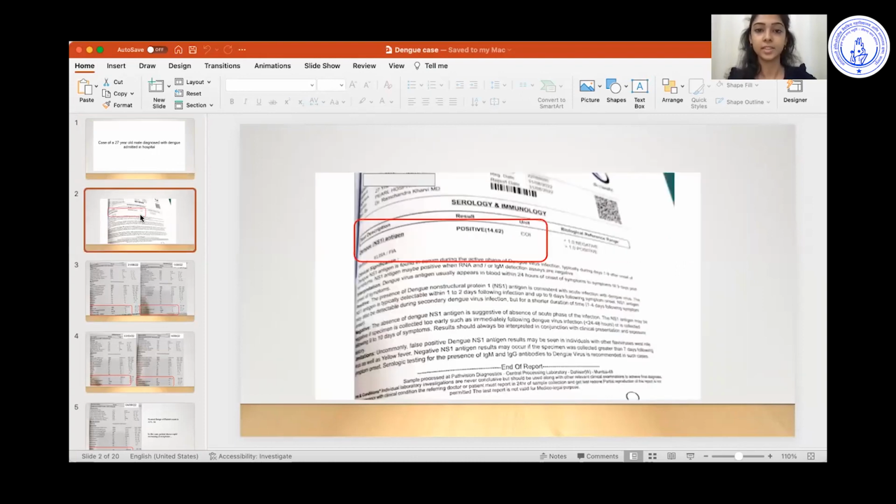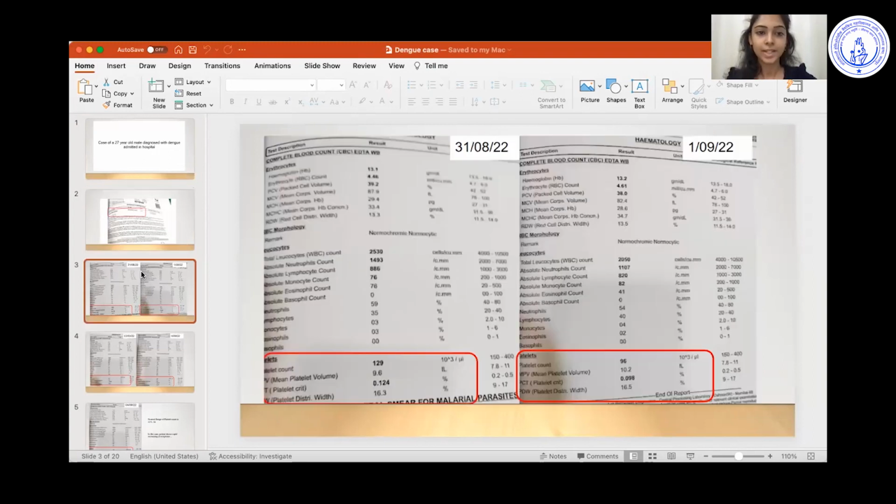So we can see the reports here. He was dengue positive. We know that thrombocytopenia is the hallmark of dengue disease, and in the same way the patient presented with reports where his platelets were dropping very rapidly. I hope everyone can see these reports.